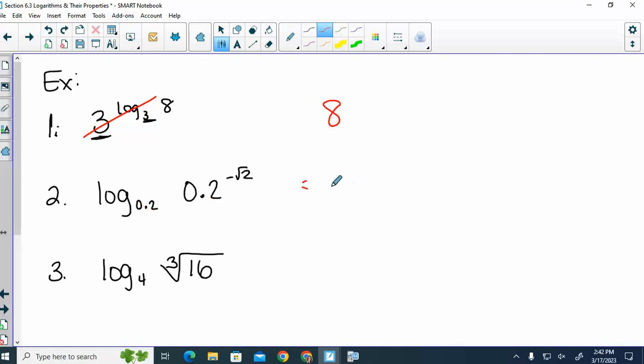Others did the property where exponents come down in front. So you have negative radical 2 times this log. This is saying 0.2 to what power equals 0.2? 1. And you get the same thing. So either way, negative radical 2. Two different ways to think about it.